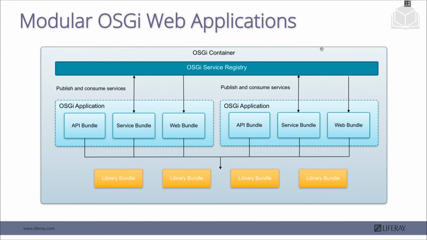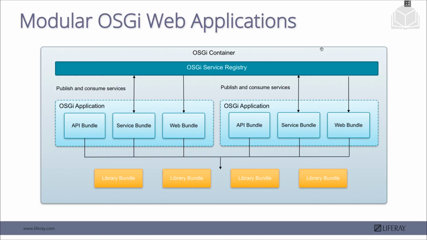Now with OSGi, most of our dependencies, if not all of them, are going to be residing within the OSGi container. So each application is going to be looking for its dependencies within the OSGi container. It makes life a little bit easier, assuming everything that we need is already there. Now there's another story of what if I want to add third-party libraries, third-party jar files. We'll hit that in another video.